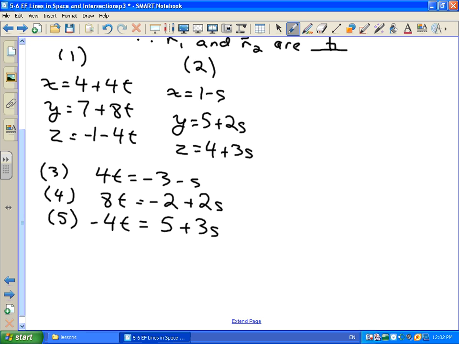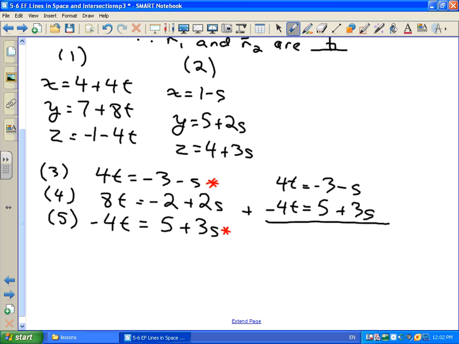So we get 4t = -3 - s, and -4t = 5 + 3s. Adding these two, we end up with 0 = 2 + 2s, or s = -1.